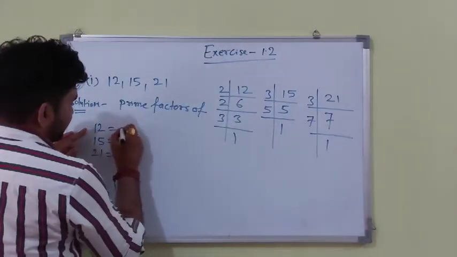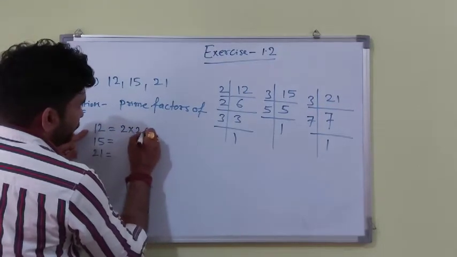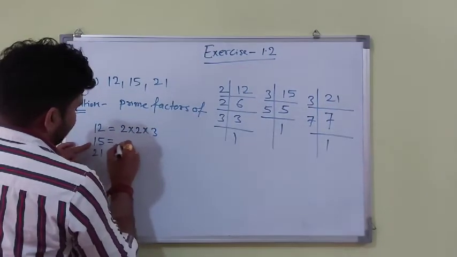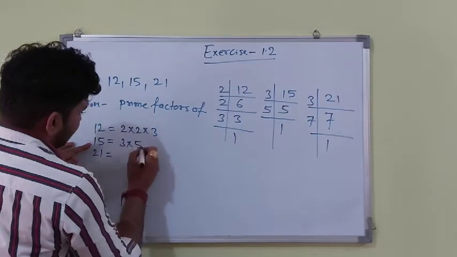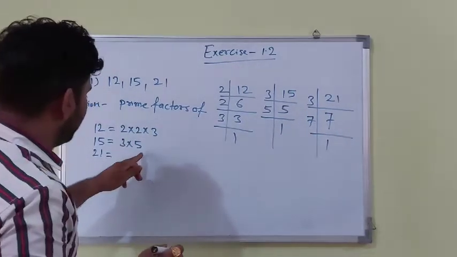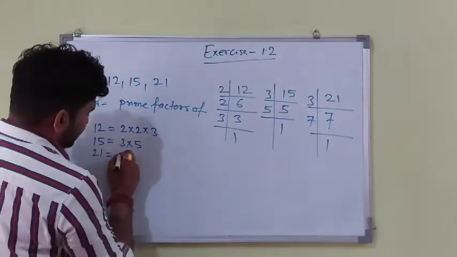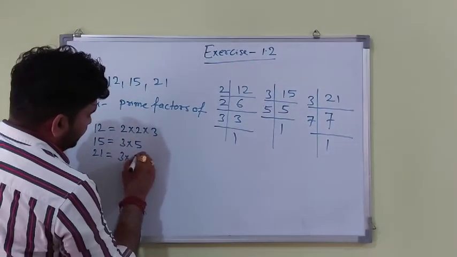So write 2 into 3, 3 into 5, 3 into 7. Please ensure that the numbers are in ascending order.